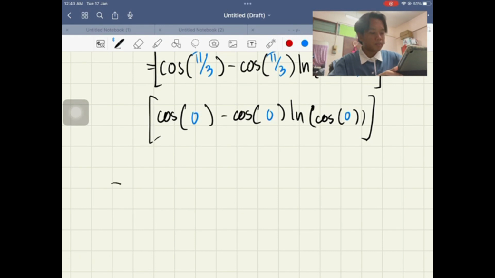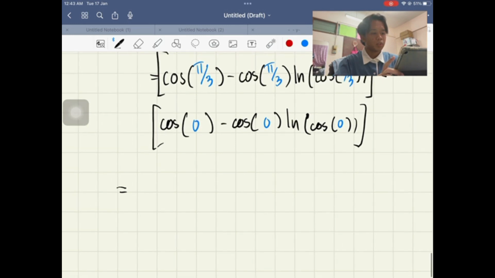And then we continue to calculate this. From the calculator, we need to change to radian first. So cos pi over 3 equals 1 over 2.